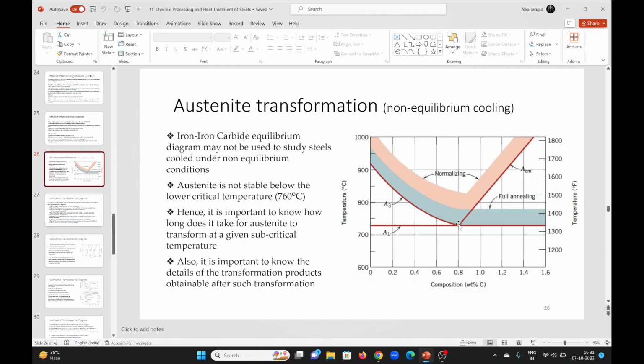At this point, your degrees of freedom should be 0. Then you have two components. You have 1 degree of freedom. Austenite, pearlite, 3.